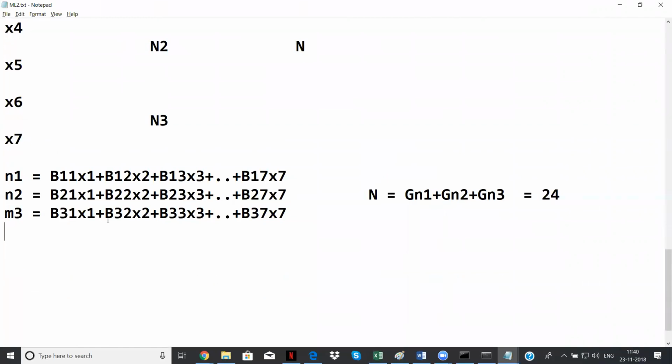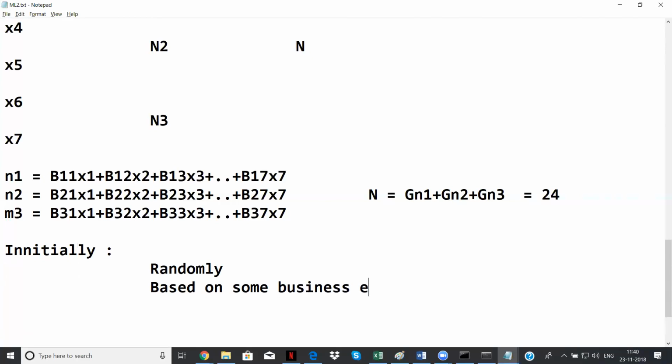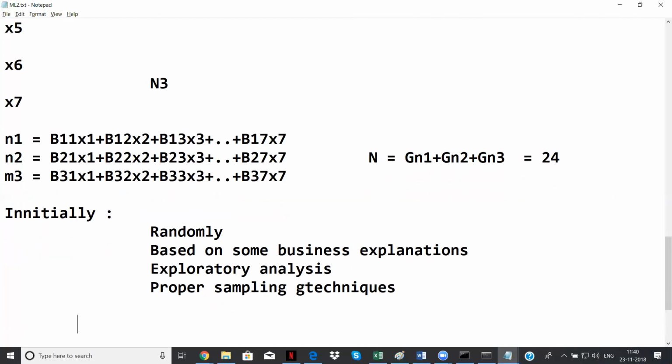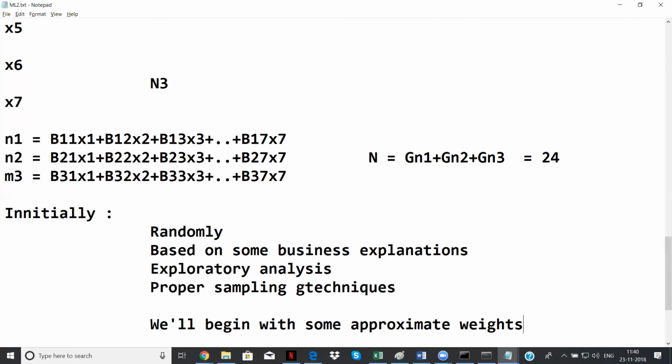So what I'll do is, initially, either randomly, or based on some business explanations, or exploratory analysis, or using any proper sampling technique, we'll begin with some approximate weights.